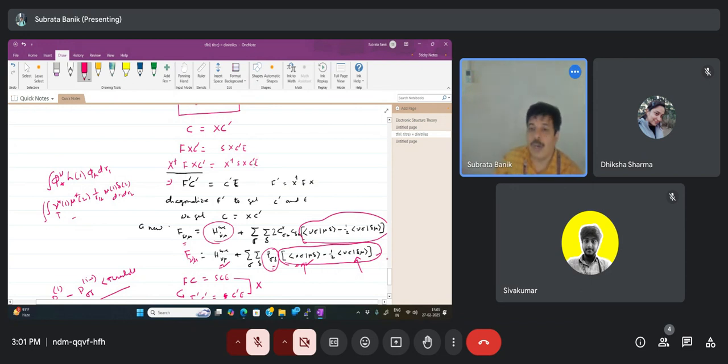So if I know the atomic positions, I can easily find their orbitals. If I have the atomic orbitals, I can calculate these integrals. These are called one-electron integrals. These are two-electron integrals. One is Coulomb integrals, one is exchange integrals. There are two different types of two-electron integrals.